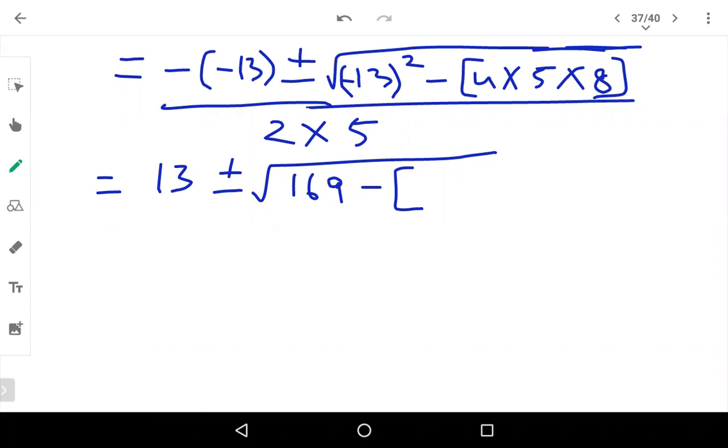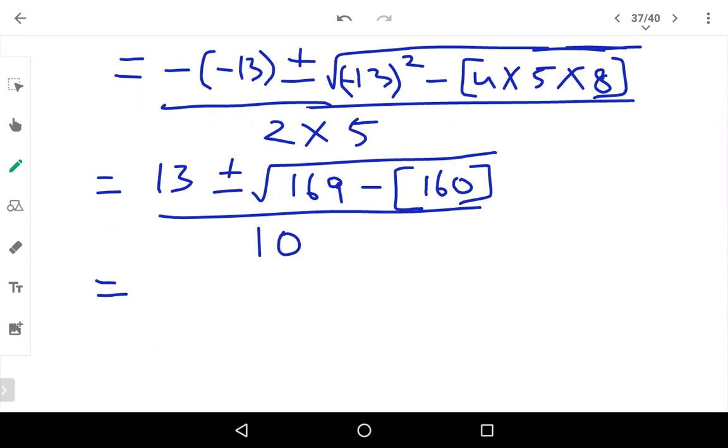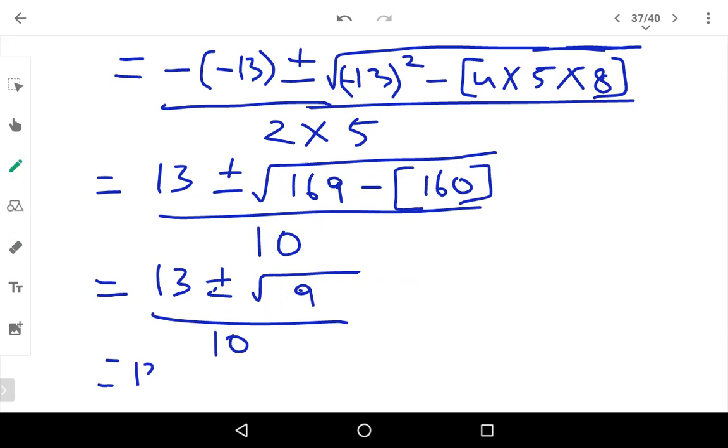So you get 160 divided by 10. Okay, which is equal to 13 plus or minus square root of 169 minus 160, which will give me 9, divided by 10. So 13 plus or minus square root of 9 is 3 divided by 10.